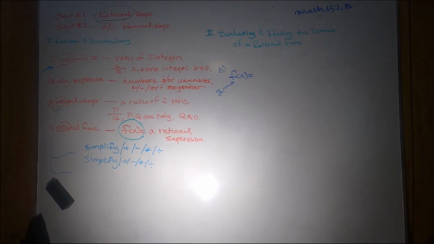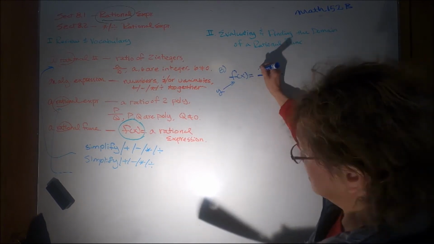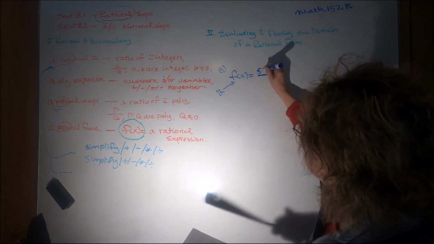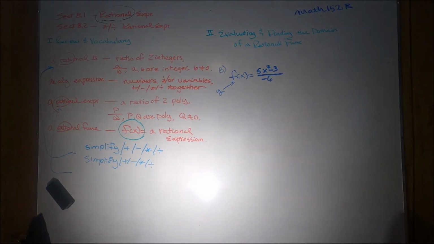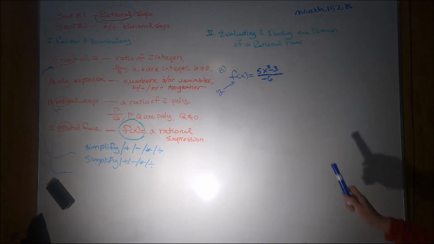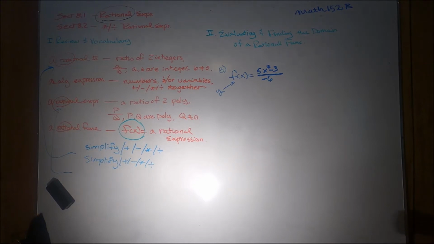So if I have a function style y equals 5x minus 6 over something, like rational numbers, fraction style, then we call it a rational function.